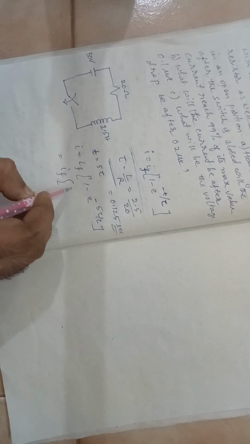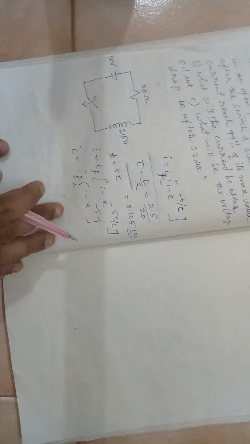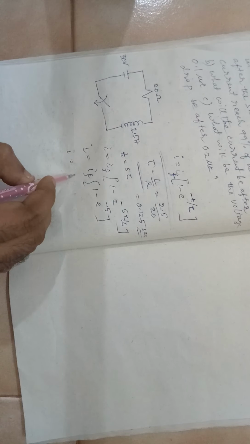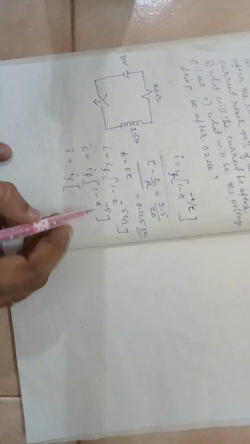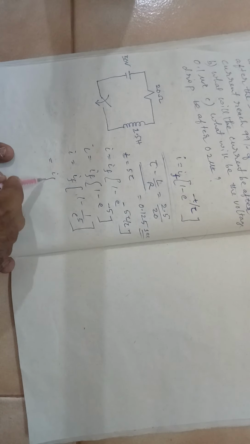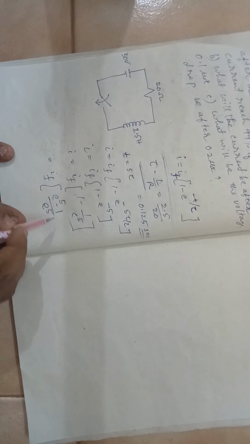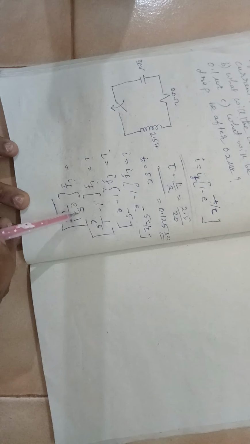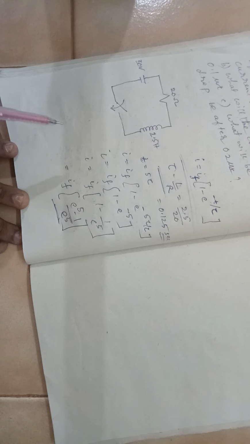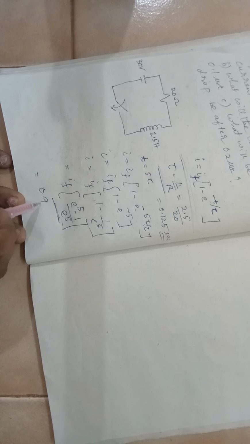I is equal to IF into 1 minus e power minus 5. When you actually solve it, e power 5 is a very big value, so you get approximately 0.9936 IF.